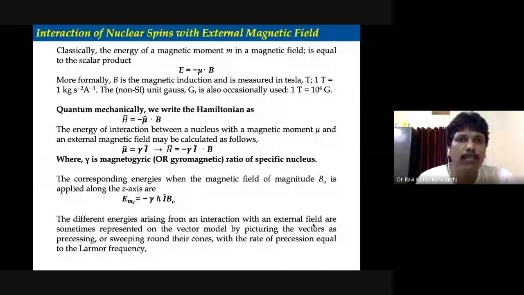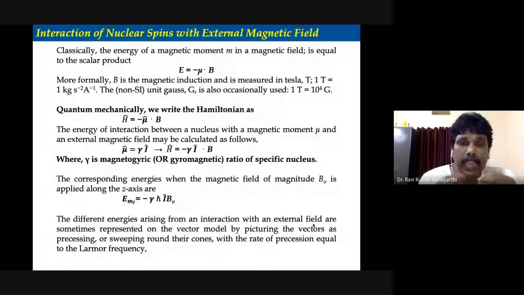The energy of a magnetic moment mu placed in an external magnetic field is nothing but a scalar quantity, mu multiplied by B. Suppose we have an atomic nucleus, which we just learned can be considered a tiny bar magnet, and the strength of the magnet can be determined by the magnetic moment.